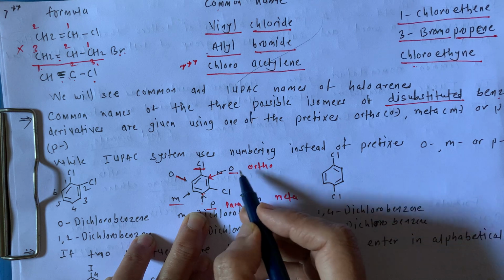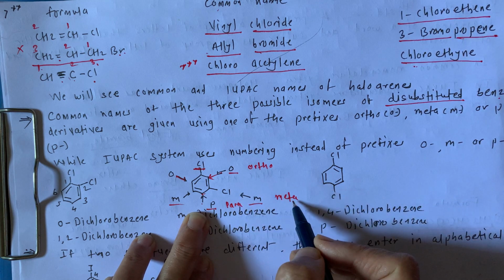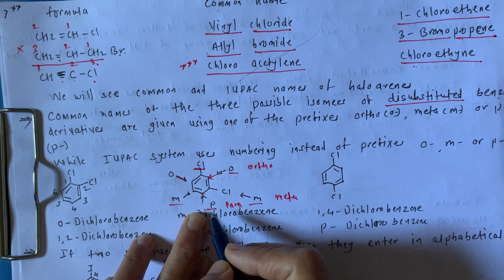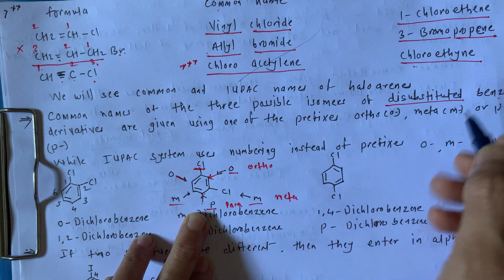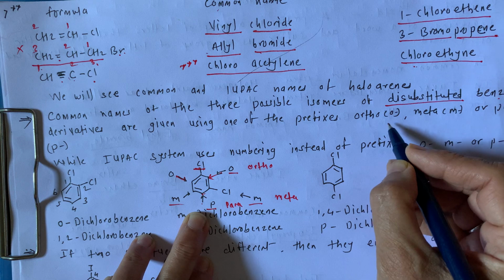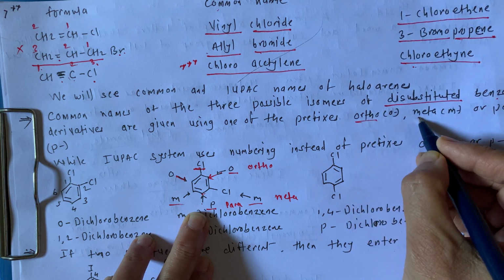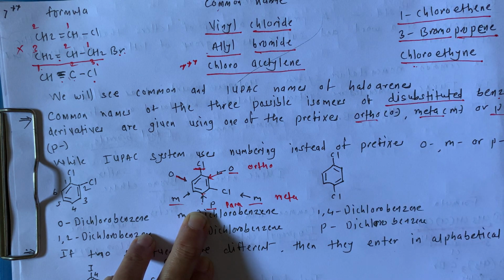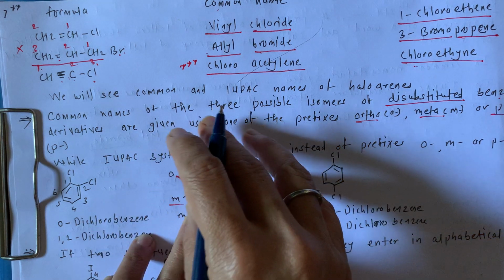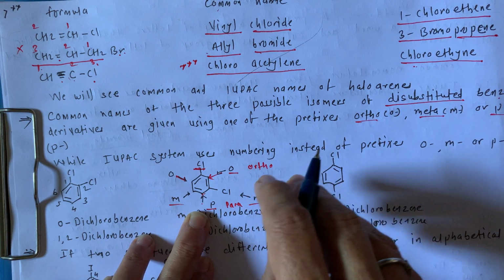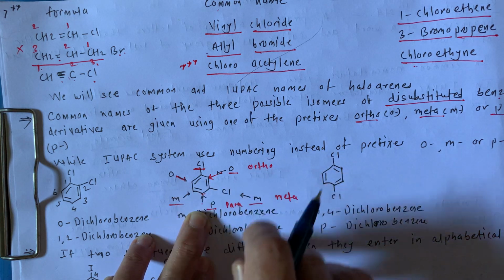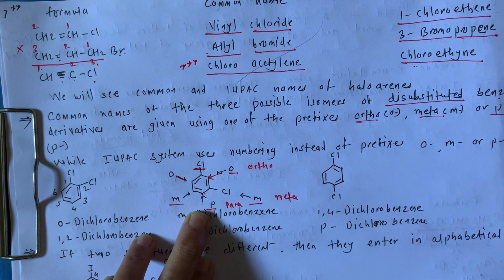The abbreviations are o for ortho, m for meta and p for para. So in common nomenclature of haloarenes, we have to mention the ortho, meta or para position with respect to the functional group, and according to that the remaining substituents on these positions.